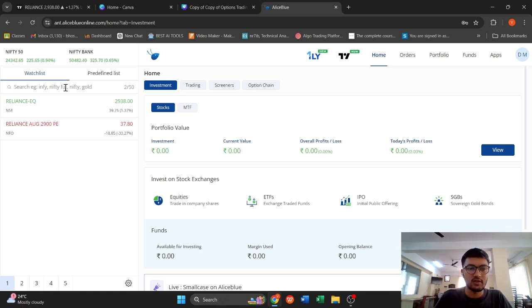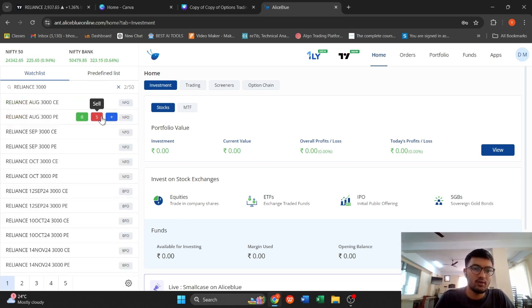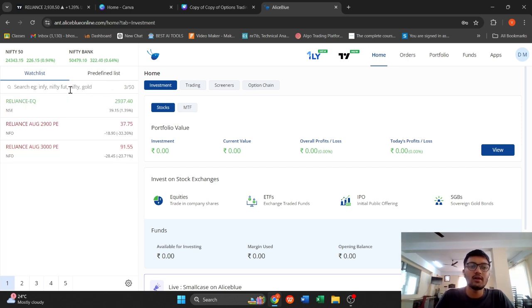So in the case of Reliance put, the in the money will be 3,000. Reliance 3,000 put will be in the money, and out of the money in case of put will be 2,800.